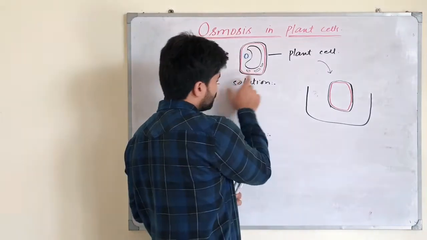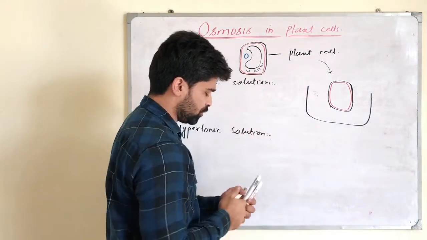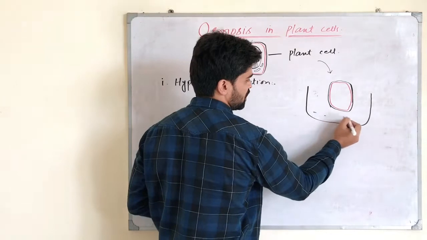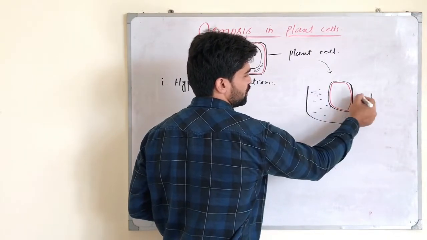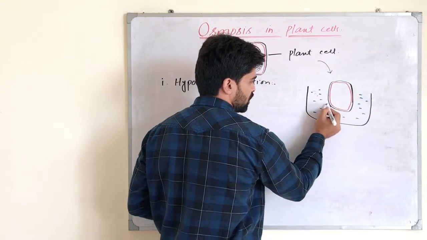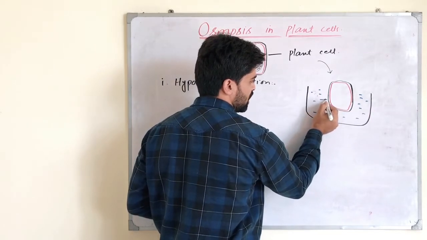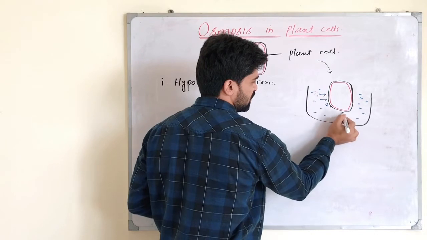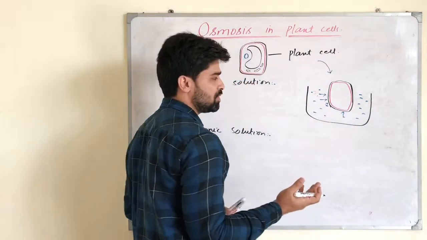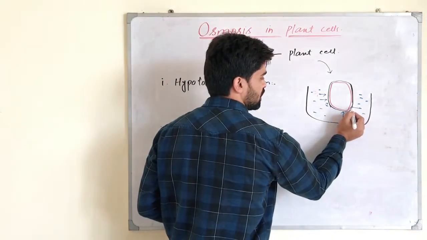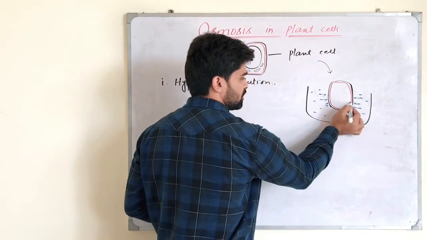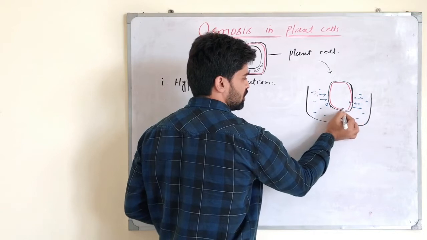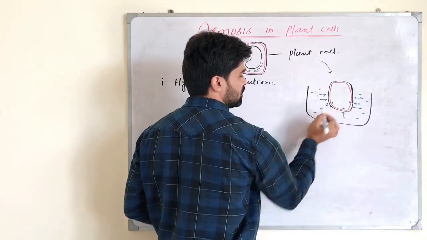Because if we put that cell in a hypotonic solution in which the water molecules can move more freely as compared to the plant cell, the water molecules will pass through the cell wall, which is a freely permeable membrane, and they will enter across the cell membrane into the plant cell.